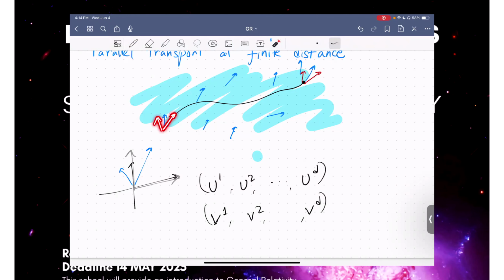Because these choices of axes are really the choices of coordinates, right? Because this was X and this was Y. And here you may have a completely different coordinate system. So whenever you have this potential for changing your coordinate systems from one place of your spacetime to another place of your spacetime, there is no obvious way of comparing two vectors. And that's why we have to build all this machinery to define what parallel transport even means.